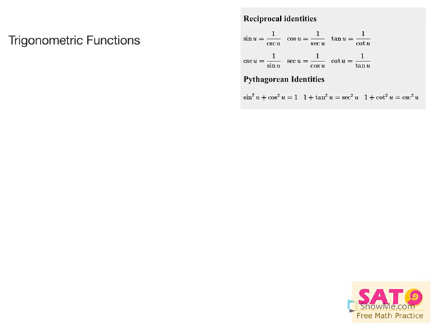Now for trigonometric identities, these are the key ones you must memorize. It's kind of easy to get the hang of it once you realize that there's a pattern. Sine and cosecant are actually inverses, that's why they're inverses. Same thing with cosine and secant and tangent and cotangent.